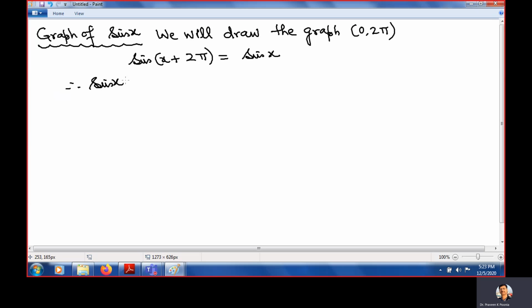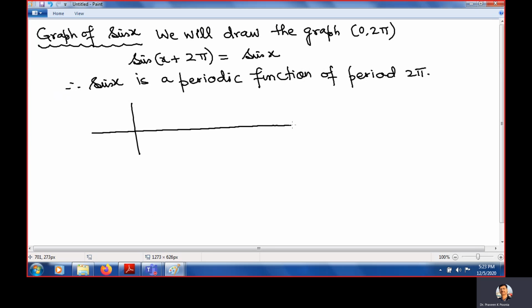Therefore, sin x is a periodic function of period 2 pi. And because 2 pi is the period, whatever graph you get between 0 to 2 pi, you will get the same graph in the next 2 pi interval.